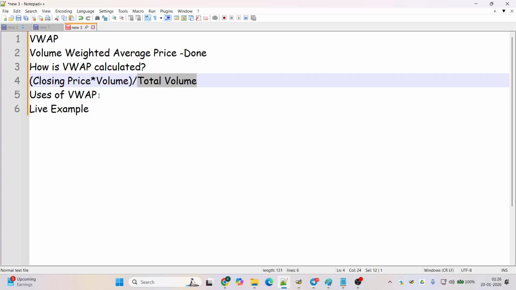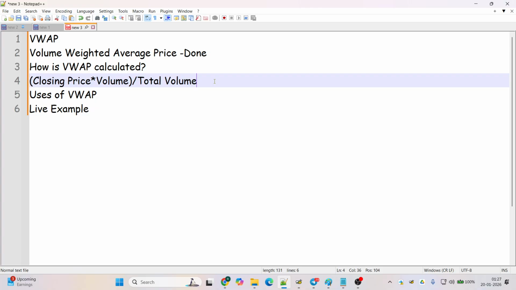You don't need to remember this formula, but just keep in mind that VWAP is simply price multiplied by volume. Why is this more important?